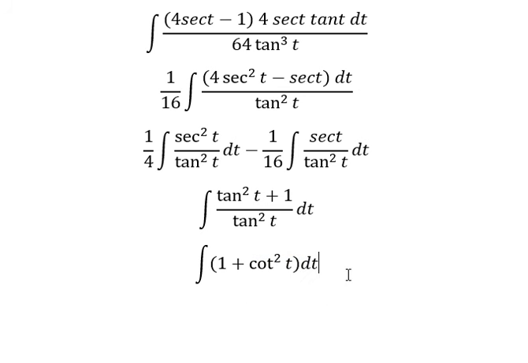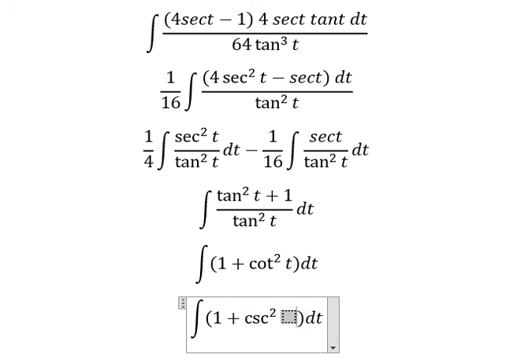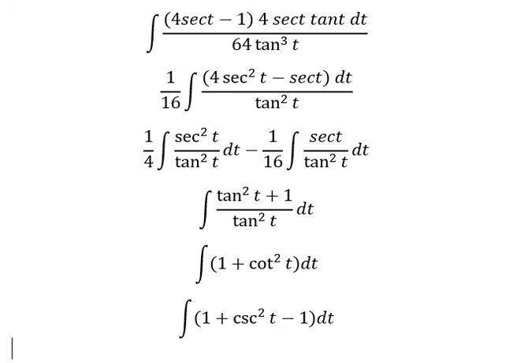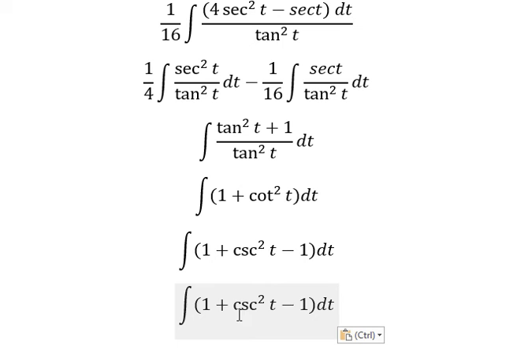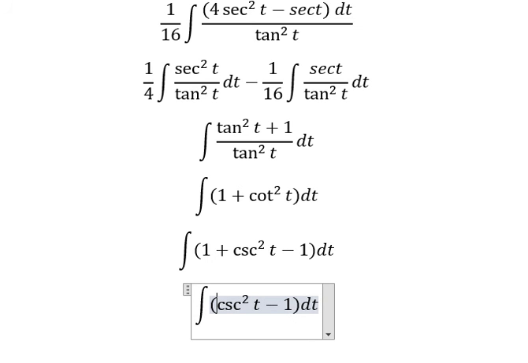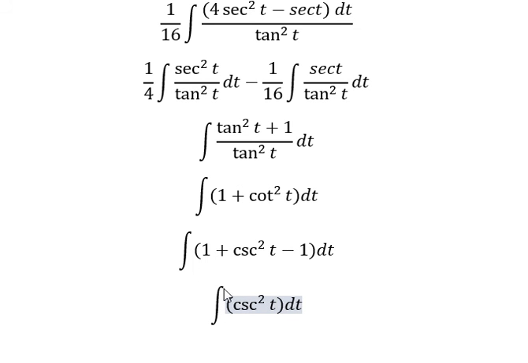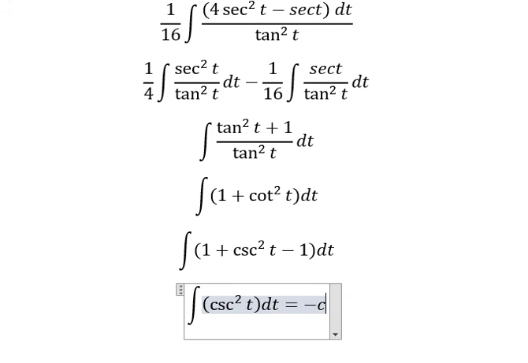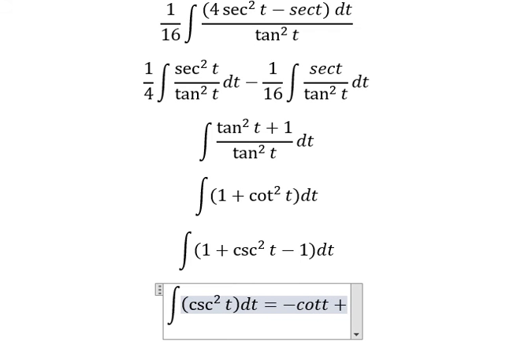Cotan t squared, we can change into cosecant of t squared minus 1. So 1 minus 1 we cancel. And the integration of this one in here, we will have negative cotan t, and we put c.